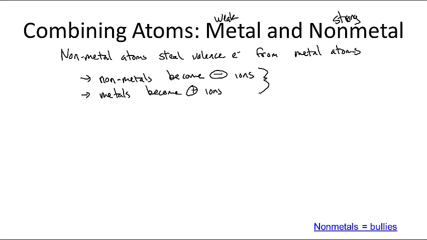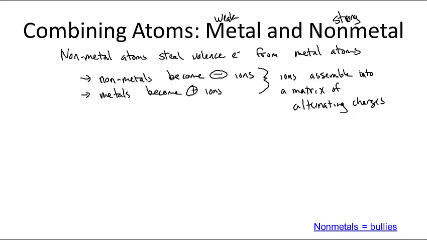And then these ions assemble into a matrix of alternating charges. So it goes plus minus, plus minus, plus minus in 3 dimensions, which I'll show on the next page.